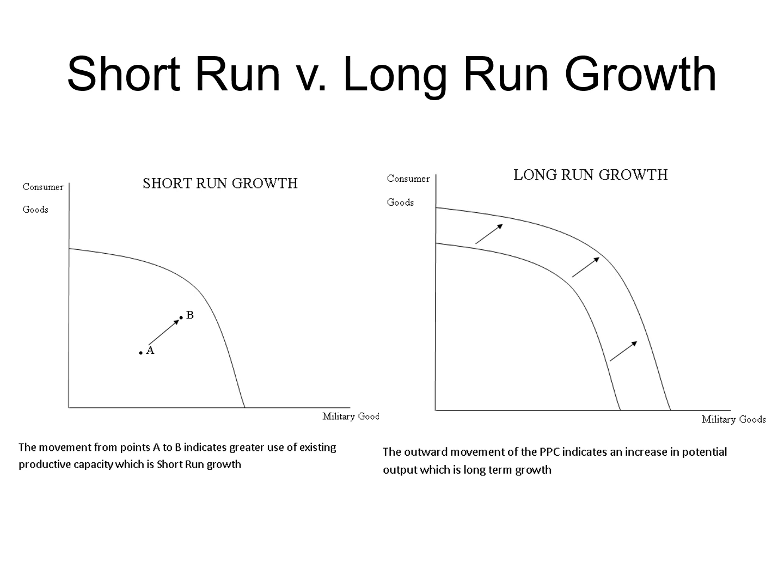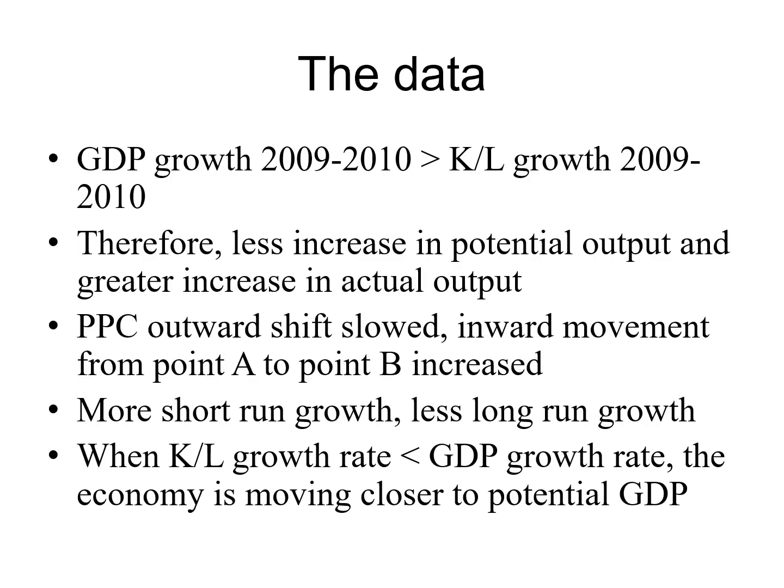All right. Now we look at the data. And this comes from that capital to labor growth rate comparison to the GDP growth rate. GDP growth from 2009 to 2010 was greater than the capital growth. Now what we said is that this means your increase in potential production is less than your increase in actual production, which means you're moving closer to potential production.